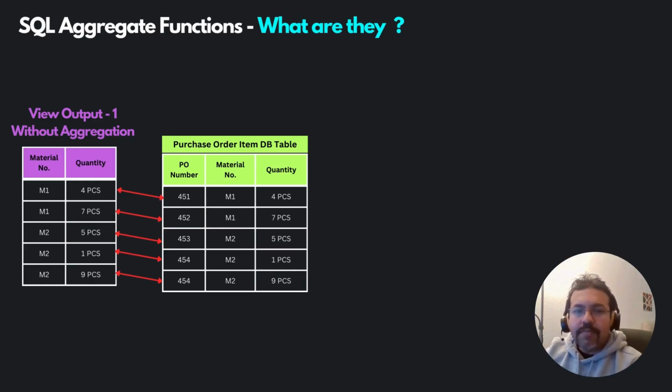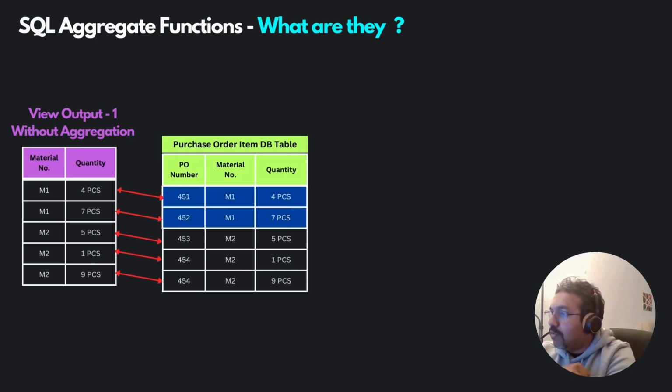Now let's say I want to see my output a little differently, right? I do not want to output the information like this as individual data records. Instead, I want to first group the records into collections based on the material number, which basically means that all records having the same material number should come together into collections.